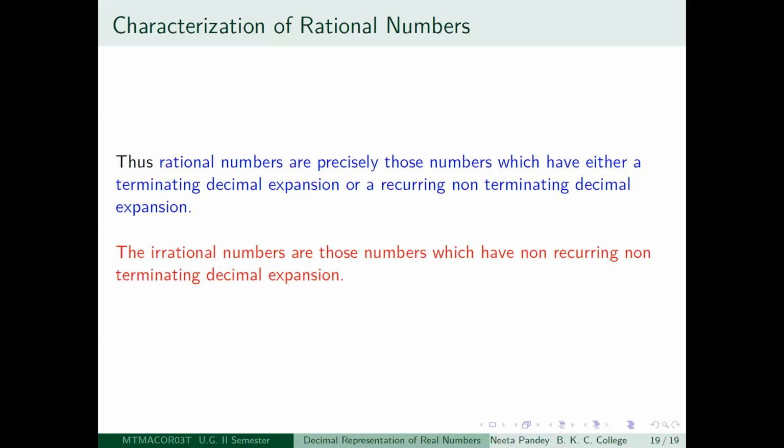So whatever numbers, we have also learned that every real number has a decimal expansion. So whatever numbers do not satisfy this decimal expansion cannot be rational numbers. So we have precisely stated that also, that the irrational numbers, that is the real numbers which are not rational numbers, are those numbers which have non-recurring, non-terminating decimal expansion.